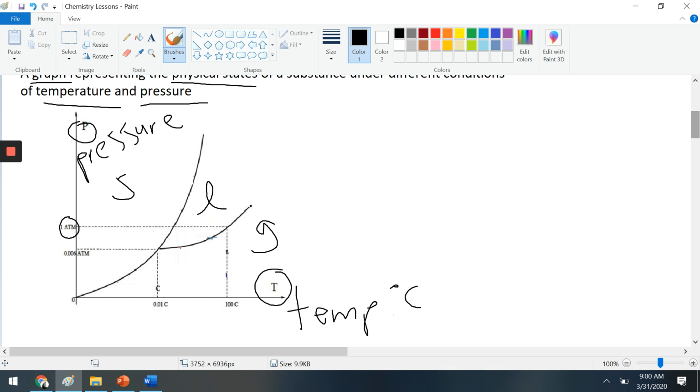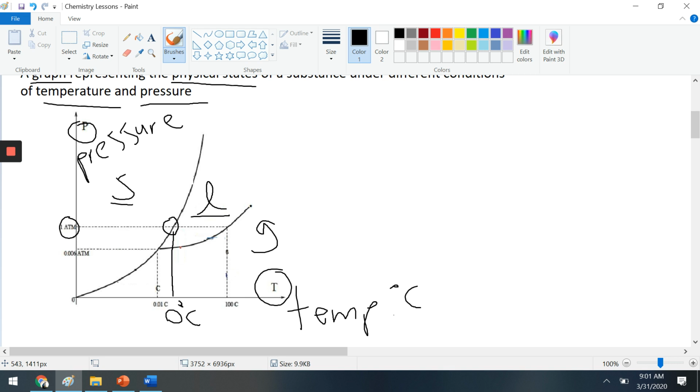So how do you determine where the melting point is located? Since this is your solid and this is your liquid, the melting point has to be right over here. Remember, water melts at 0 degrees Celsius at sea level, which is 1 atm.